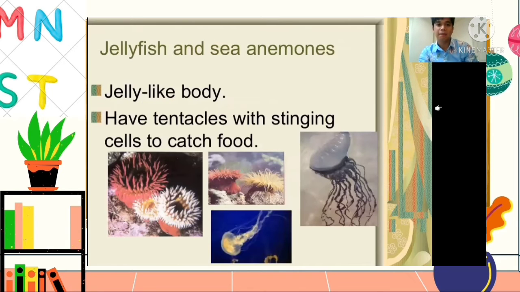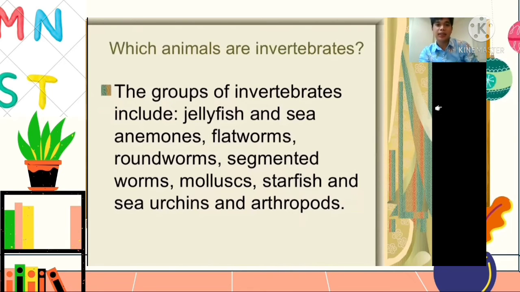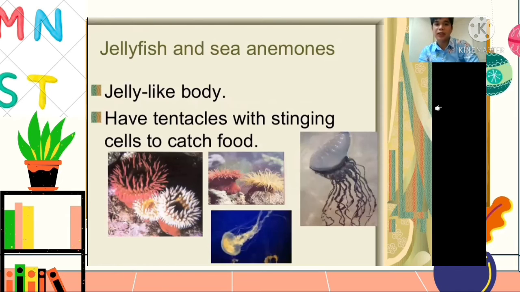Now let's start with jellyfish and sea anemones. They have a jelly-like body. As you can see in the picture, they have tentacles with stinging cells to catch food. Those are examples of jellyfish and sea anemones.